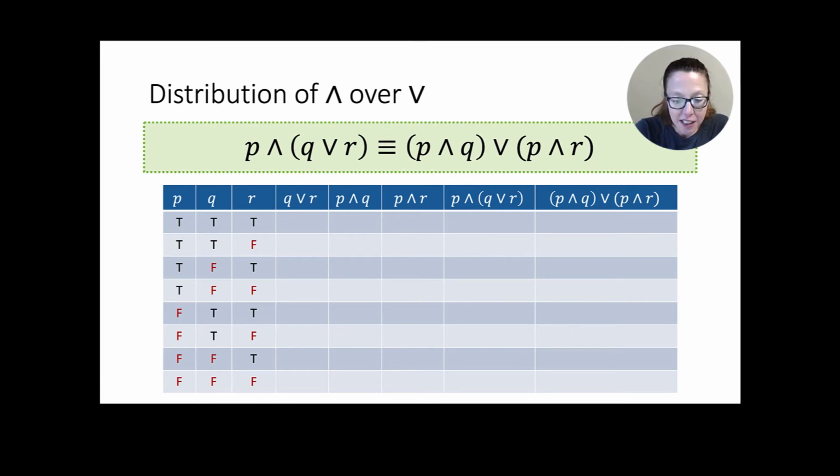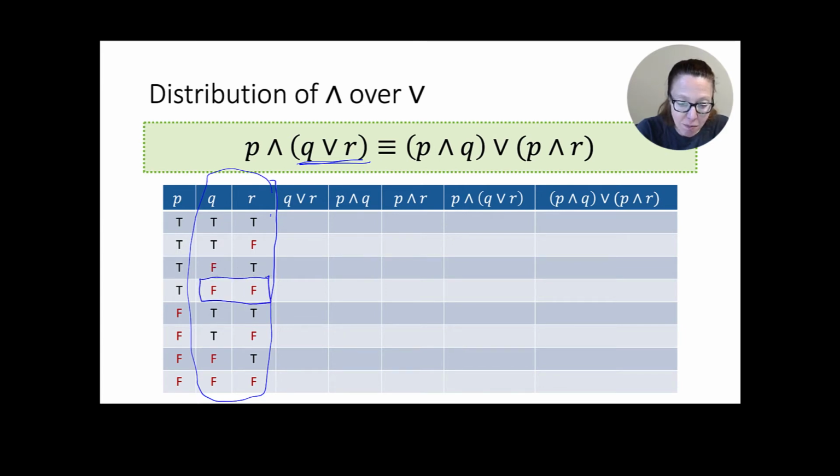So first, let's find the times that Q or R is true. And we know that we only have to consider then these columns of our table. Q or R is true as long as one of Q or R has a truth value true. So there's only a few times where it does not, right?